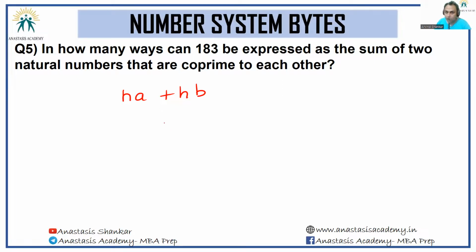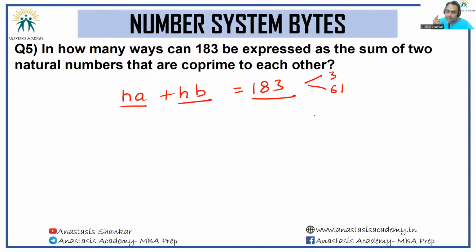If these numbers were not co-prime to each other, can you see whatever HCF they had, it would also be a factor of 183. So can I say I have to remove those possible HCFs that are factors of 183? Factors of 183 are 3 and 61.